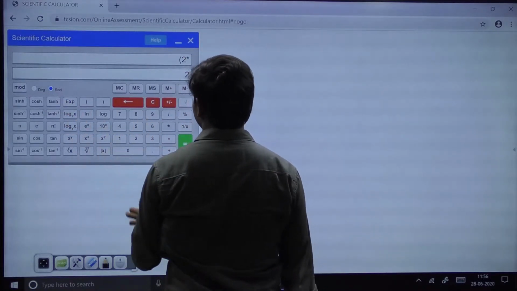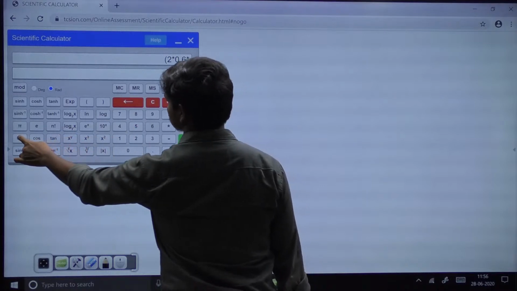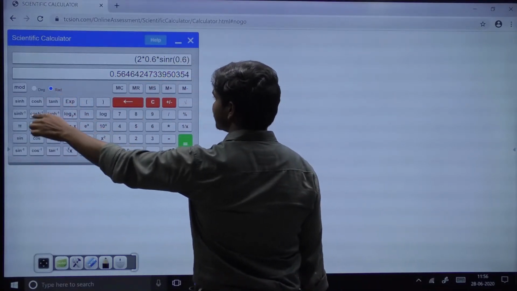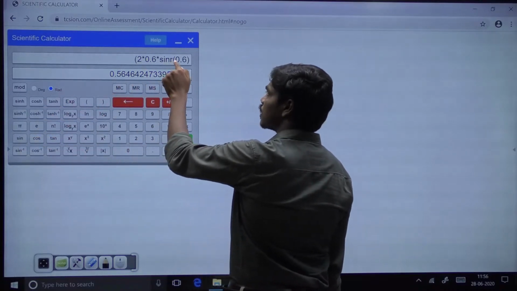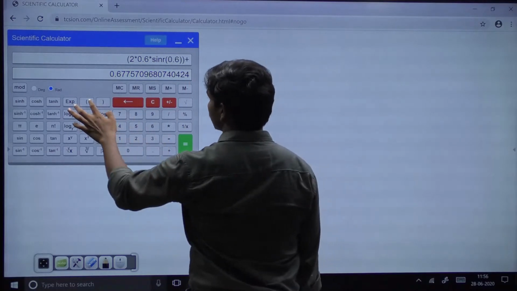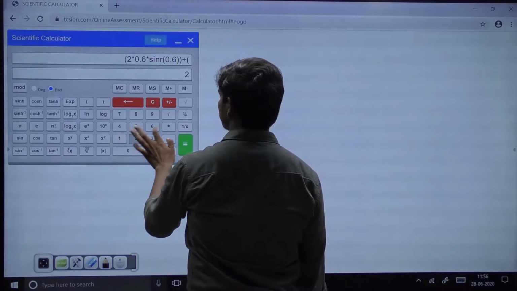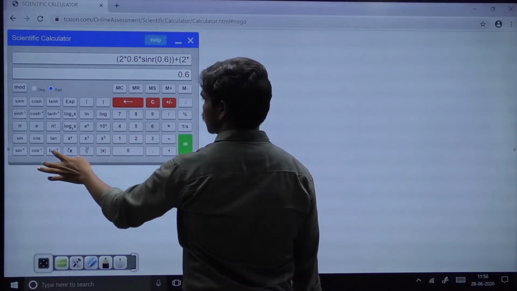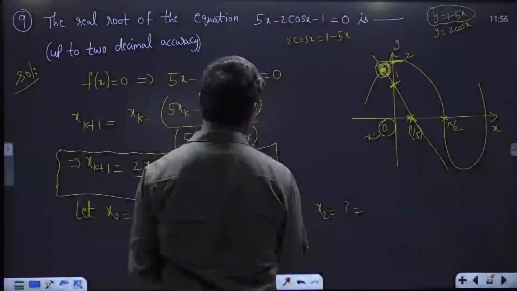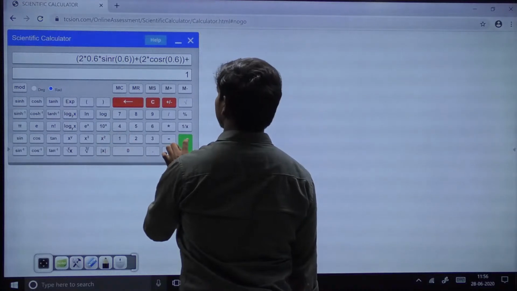2 into xk into sine xk. If this button is in radians and you click sine, you get sine radian of 0.6. This plus 2 into cos xk, correct? So 2 into cos of 0.6. Next, plus 1.